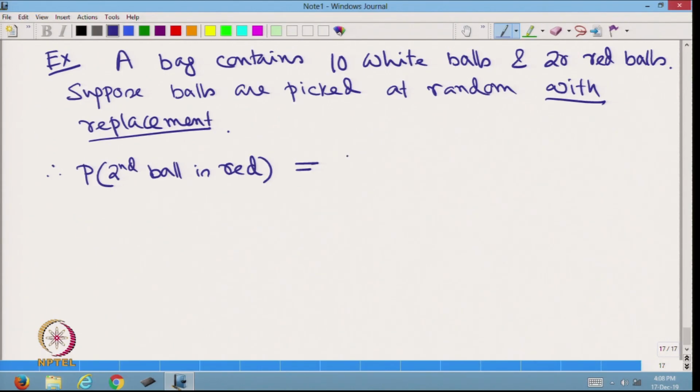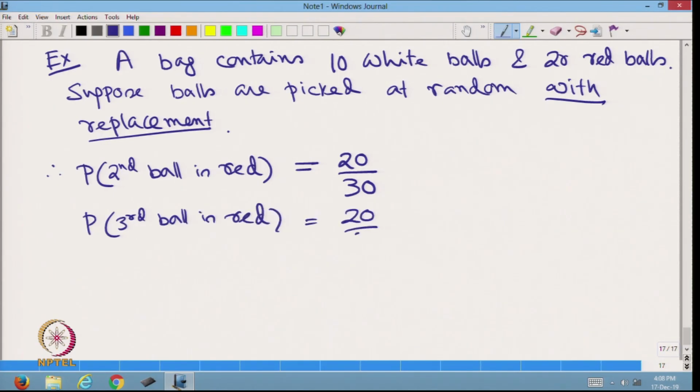Therefore, this is again 20 upon 30. Again the ball is put back. Therefore, the probability that the third ball is red is again 20 upon 30. Like that, if it is with replacement, then there is no effect of the color of the previous ball on the probability of the next ball picked.